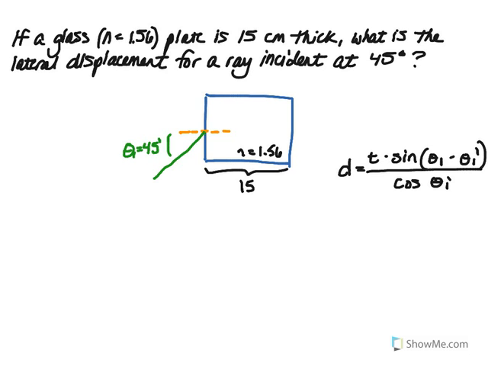And we are given the thickness, we are given theta 1, so we need to determine theta 1 prime before we can find the lateral displacement. For that, we'll use Snell's law.